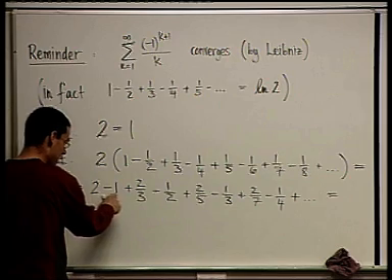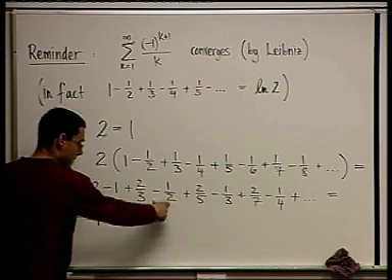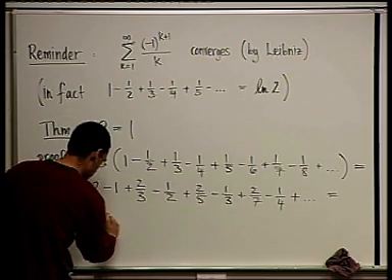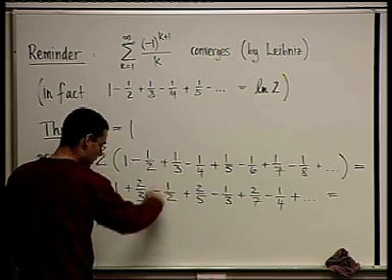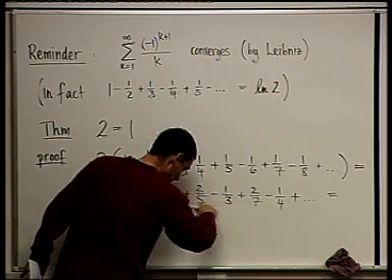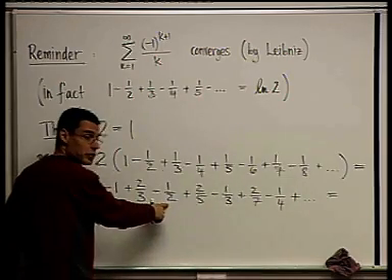So 2 minus 1 is 1. Minus 1/2. I'm skipping this for a second, so minus 1/2. Now, do you agree that once I use this minus 1/2, there are no more fractions here, even in the dot, dot, dot, that would have 2 in the denominator?